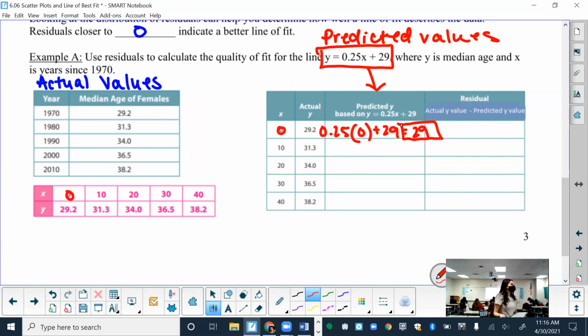Then do the same for the next row. We have 0.25 times 10, that's our second x value, plus 29. What would that value be? 31.5. Good.